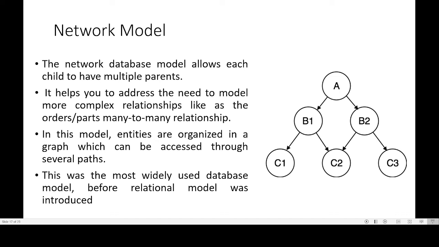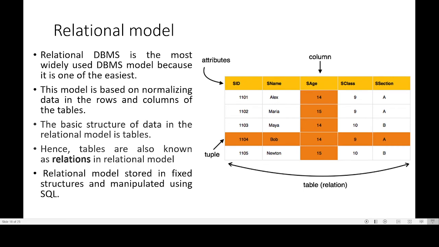Now we will see the relational model. Relational database is the most widely used database management system model because it is one of the easiest, because we arrange the data in the form of tables. It is based on normalizing the data in rows and columns of the table. The basic structure of the stored data is tables.